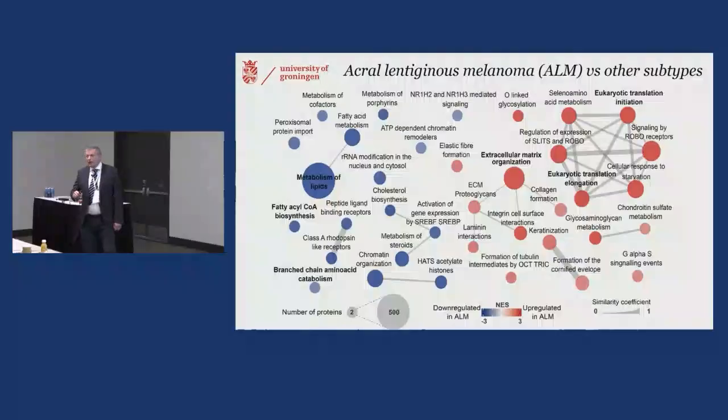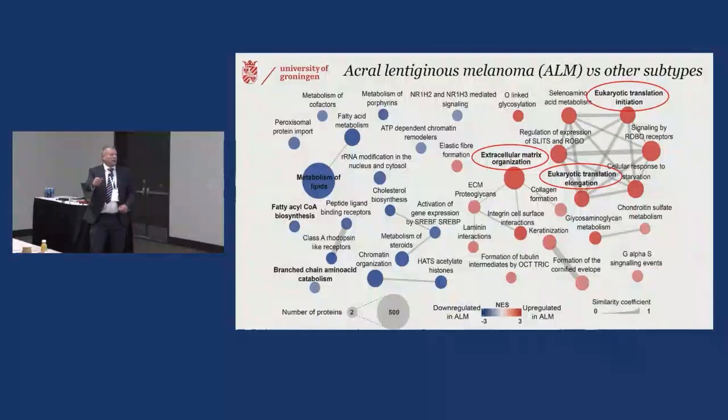So we then took ALM, and we did differential analysis against all the other subtypes. And you see here all the upregulated pathways and the downregulated pathways. I just want to emphasize the upregulated extracellular matrix reorganization, which is needed when you have an aggressive form of the tumor to grow, and also the start of initiation and translation elongation, to build up the proteins.